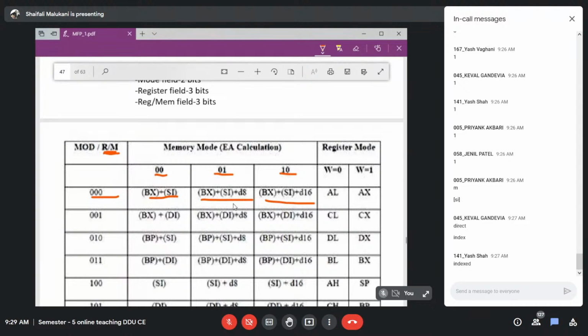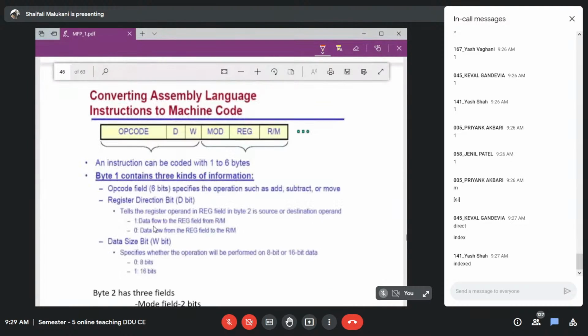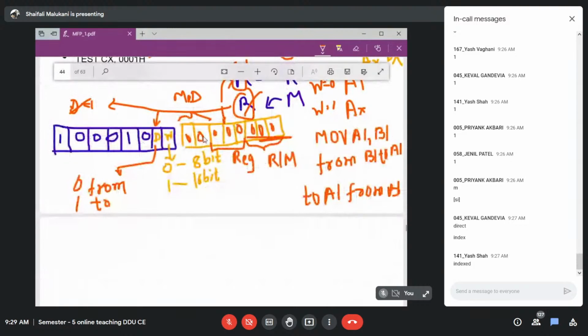Of course we are going to take all the cases, but suppose I am specifying BX and SI. The summation of BX and SI will give me the offset, so it will be 000. So this is just a 2-byte instruction, right?